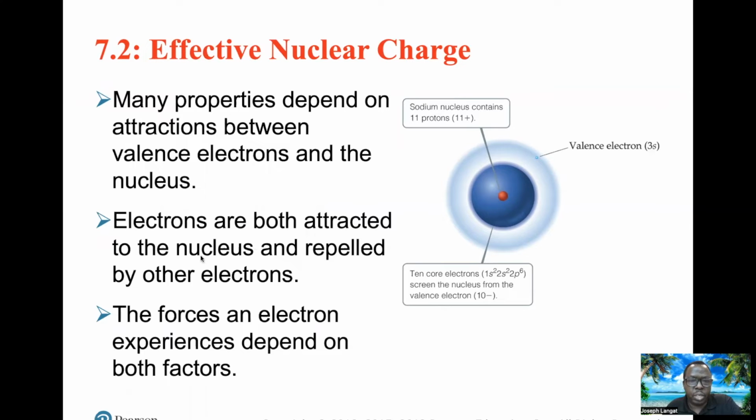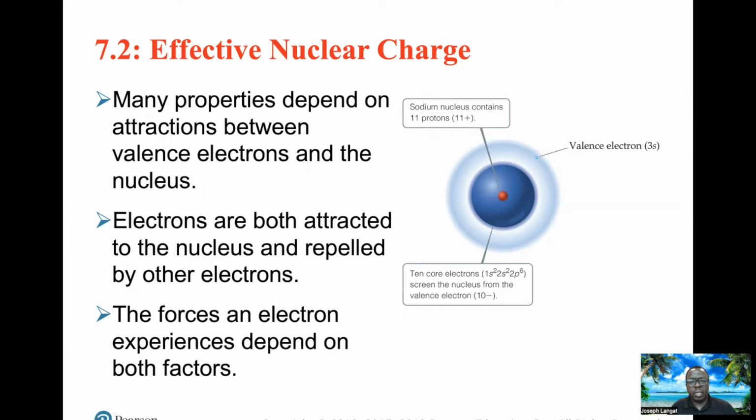Electrons are attracted to the nucleus, and they also repel each other because they are negatively charged. Negative and negative repel.